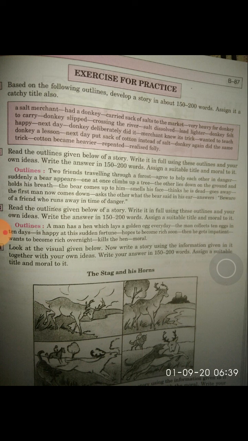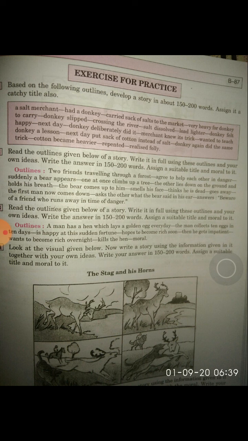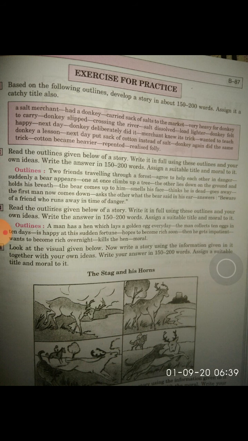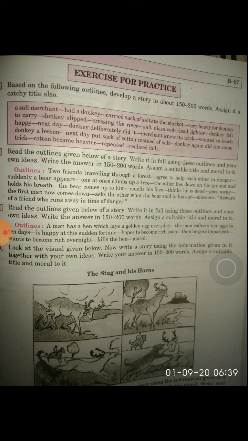And in exercise number 4, the same thing is there for you. The stag and his horns. Perhaps you have studied this story in class 7th.